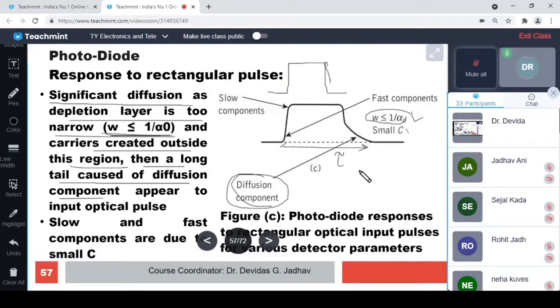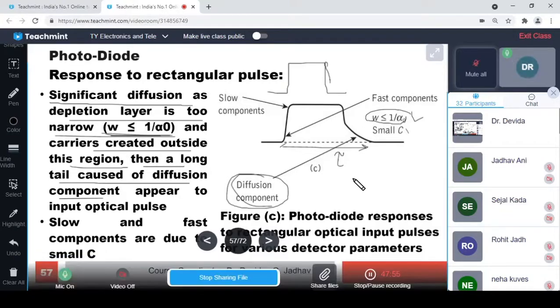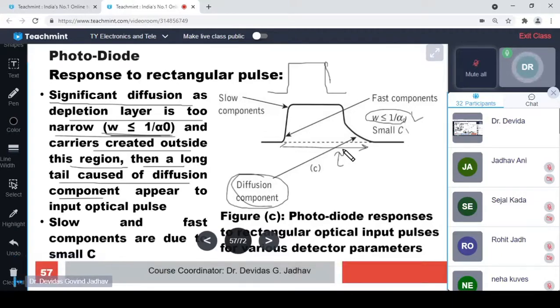So two conditions are there. W must be very large compared to 1 upon alpha 0, and the capacitor should be small. If both hold, a better rectangular pulse is generated. This is the first condition.